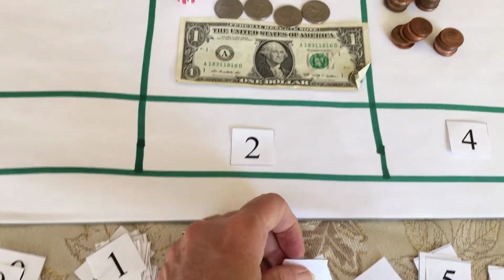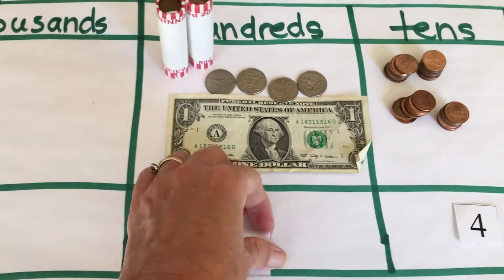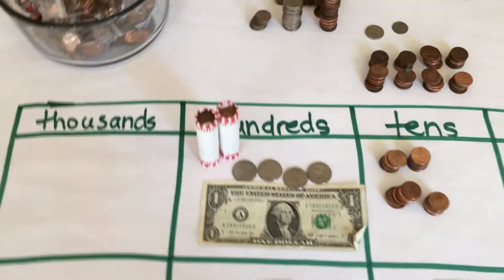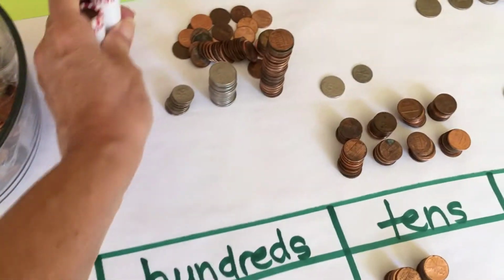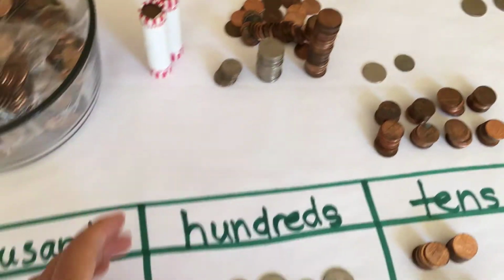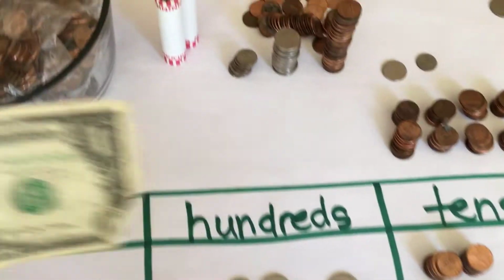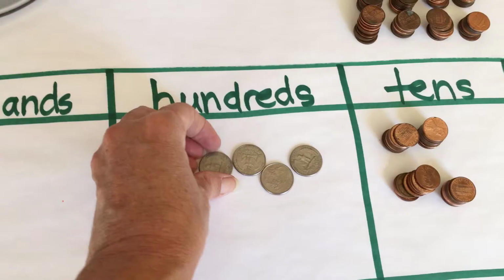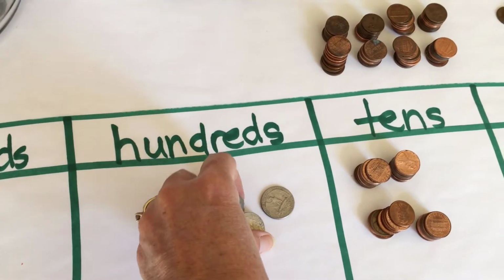So now I have 300 cents, which is $3.47. As I continue to trade up, I'm going to put these back, sort of playing Jenga here with stacking these pennies.